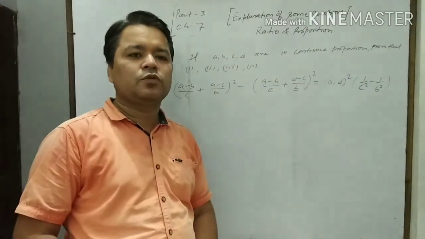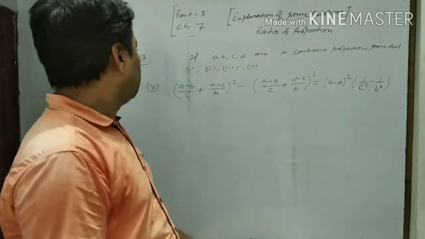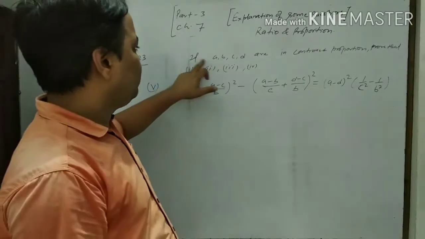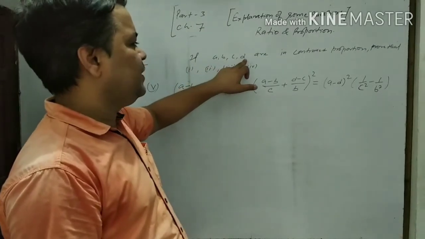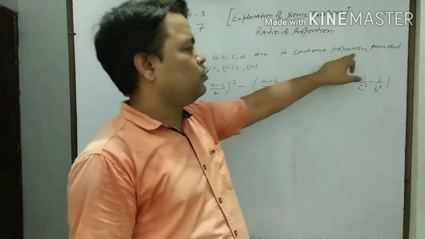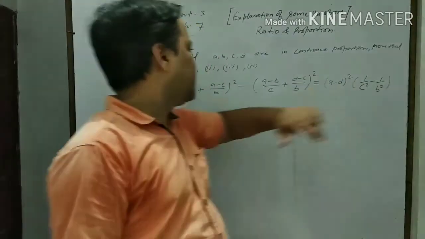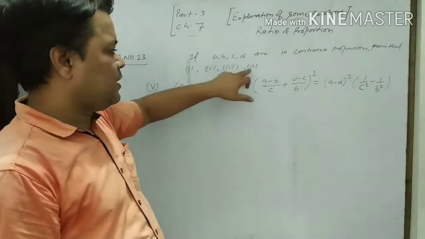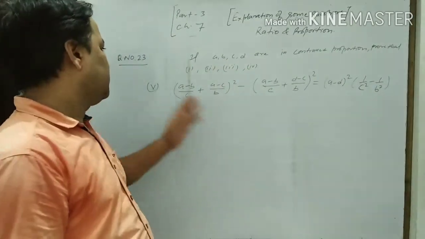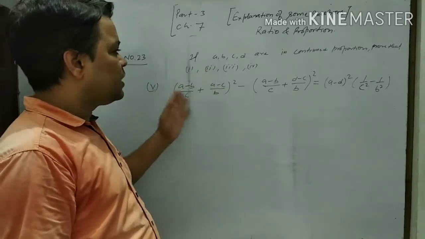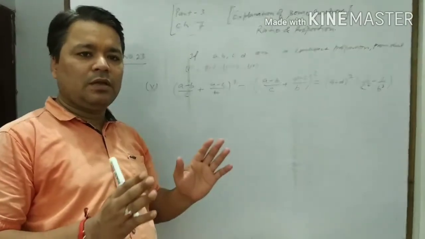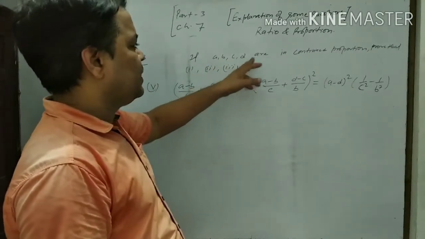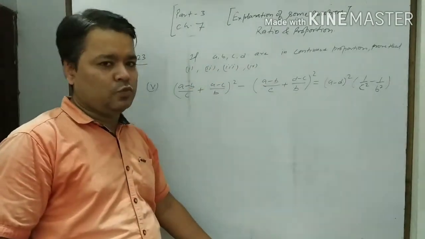Here in question number 23, according to the question, if a, b, c, d are in continued proportion, then we have to prove the first, second, third and fourth, and five questions are given with this condition that a, b, c and d are in continued proportion.